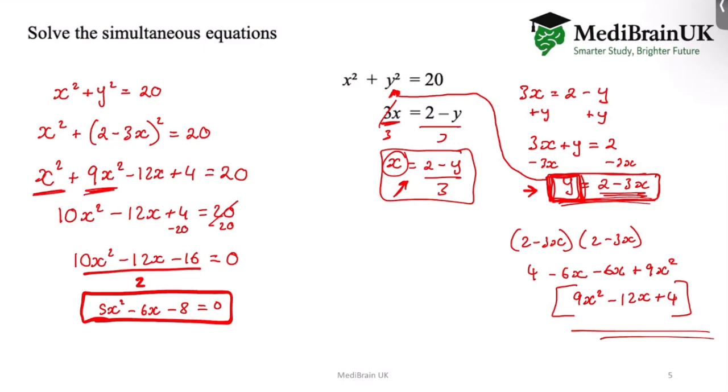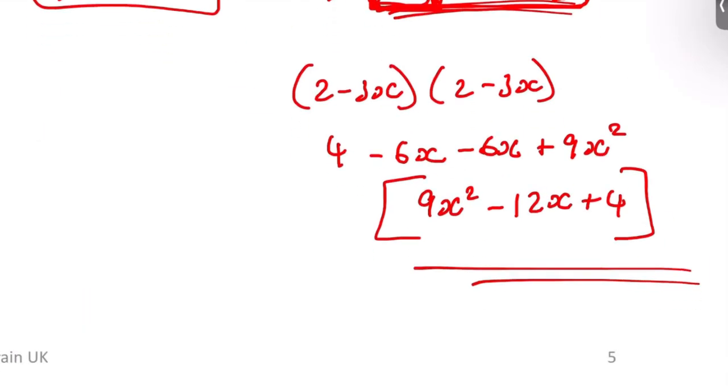If we rearrange 4 minus 12x plus 9x squared, over here the signs don't change in this case. The reason why is that you just take the sign in front of each term. You had plus 9x squared, so you bring that forward.